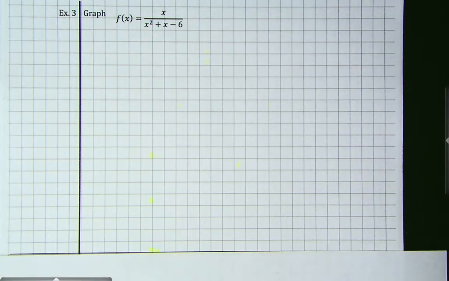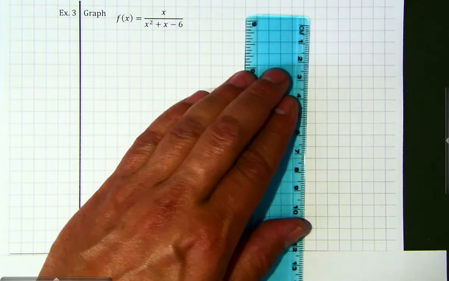Example number 3. Go and copy it down, and we'll start once you're ready. Go and pause it. So I'm going to make a 5 by 5 graph.